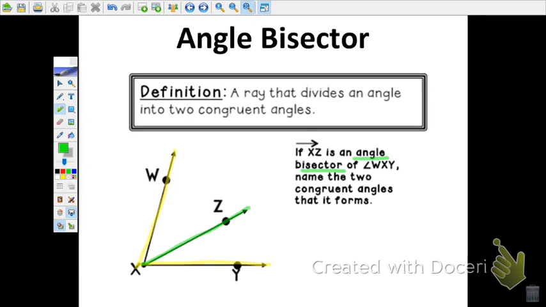So because it's an angle bisector, it's dividing the angle into two congruent angles. So to show that congruency, we put arcs on the angles and that one tick mark. So I know those two angles are congruent. They have the same measure.